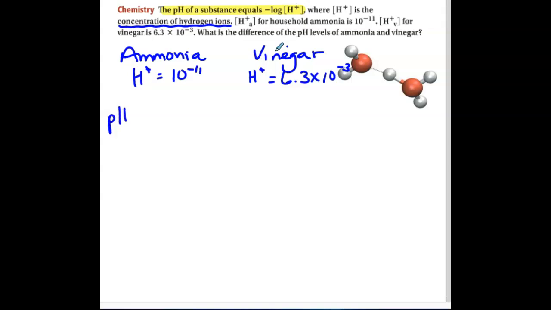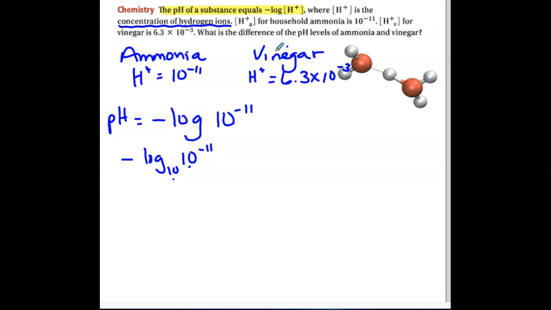So our pH for ammonia is going to be negative log of 10 to the negative 11. So grab your calculators, type in the opposite of the log base 10 of 10 to the negative 11. Actually, you don't even need a calculator for this one.